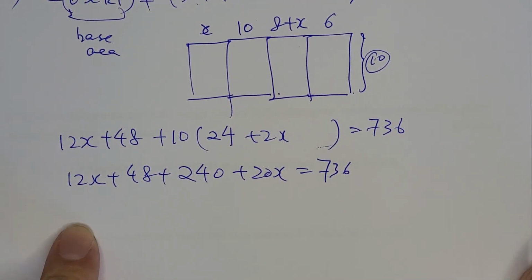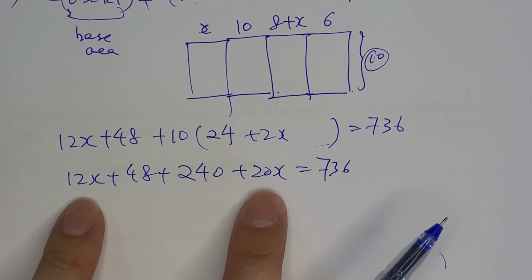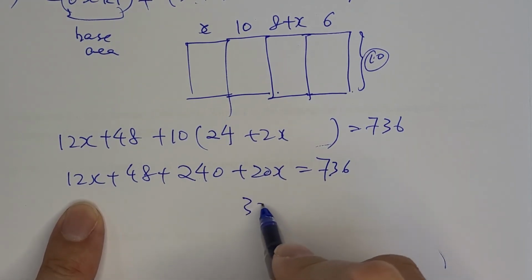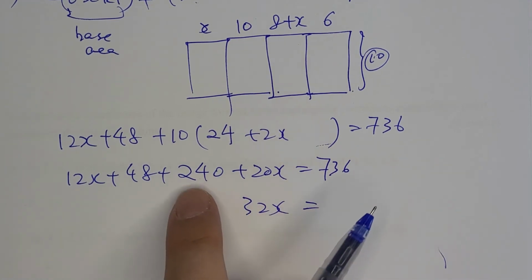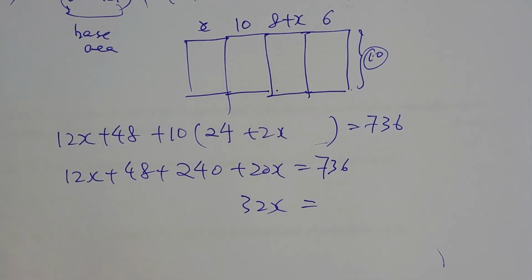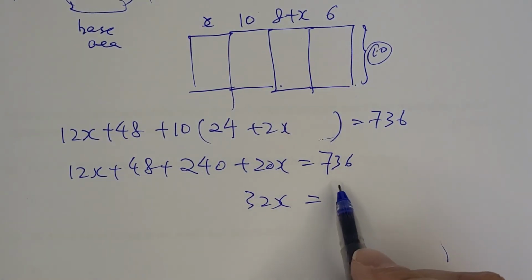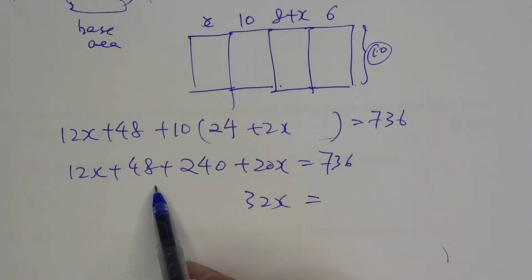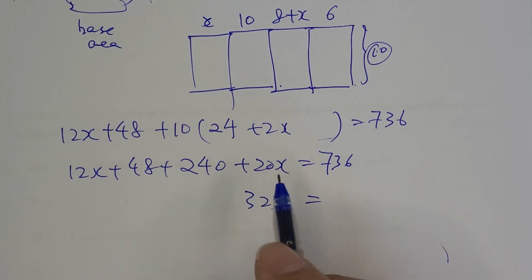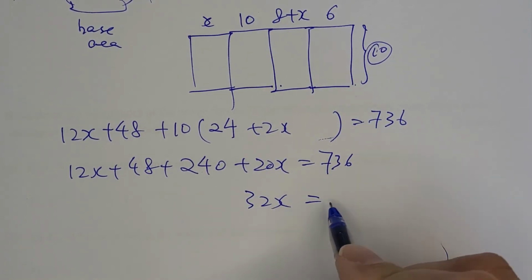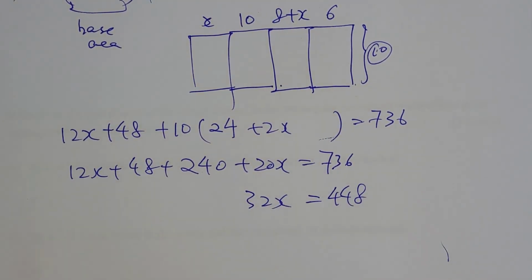For terms with x, you add them together, they are like terms. It is 32x. And for those numbers without x, you put them on the other side: 736 minus 48 and then minus 240. You get 448.